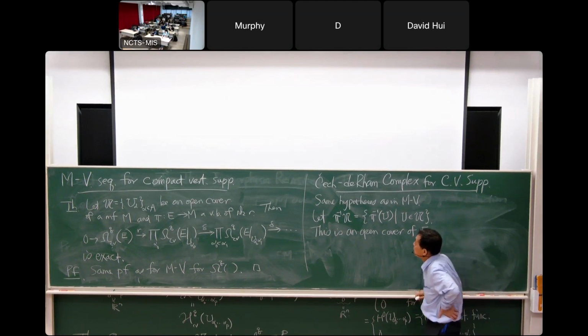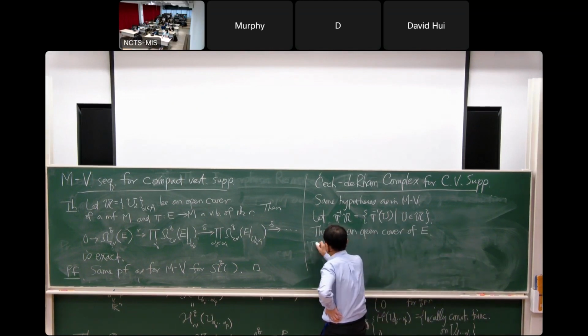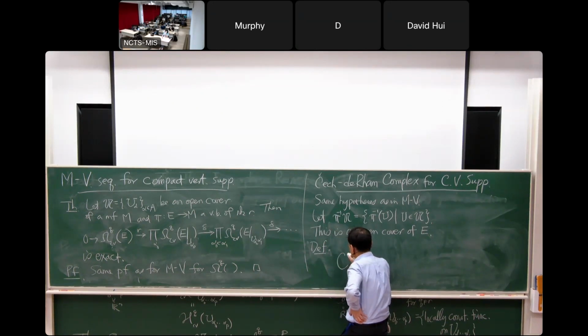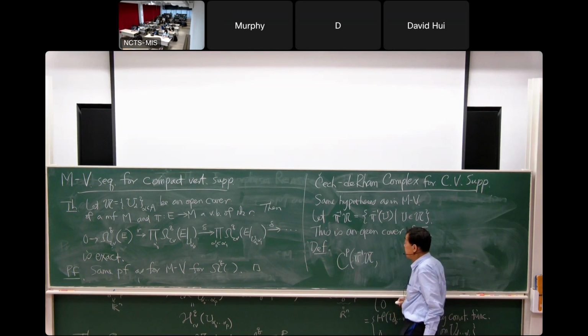And now I will define my Čech-de Rham complex. Definition. It will be C^P of pi inverse of U, not U, because it's upstairs, and then H^Q of CV.